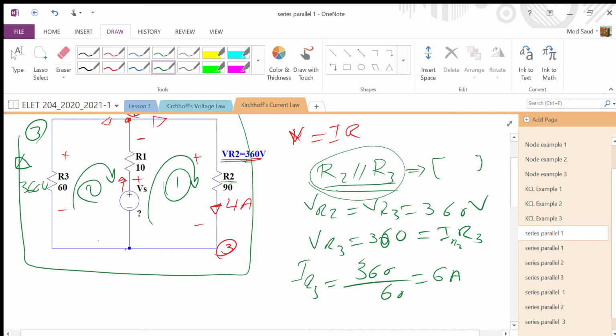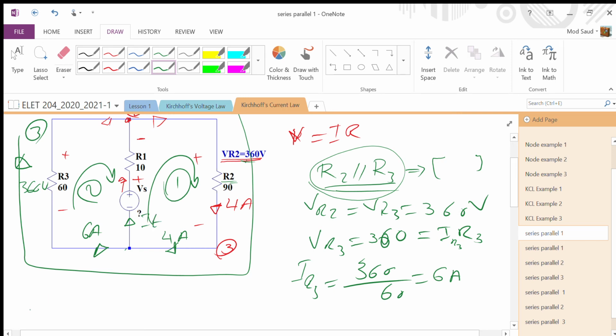So this current, sorry, it will be in this direction, coming in this direction, 6 amp. And the current coming in that direction is 4 amp. Now I will apply KCL. The current in this direction is the total current.